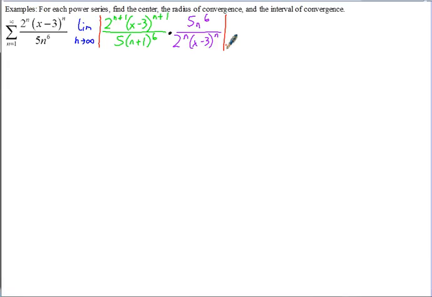You can see when we're reducing this, the 5's, 5 divided by 5 is just 1, so those reduce out. And then the n's aren't going to be negative, and we have n to the 6 over n plus 1 to the 6. So we can pull that out. So we have the limit as n approaches infinity.